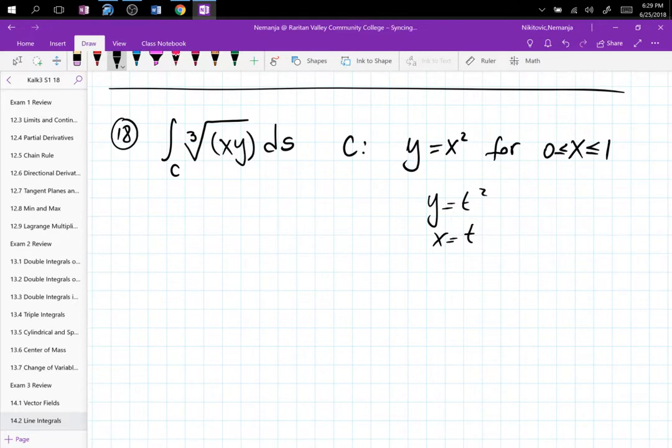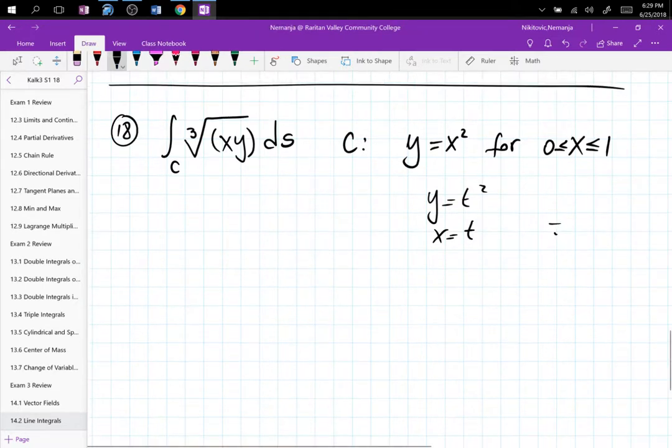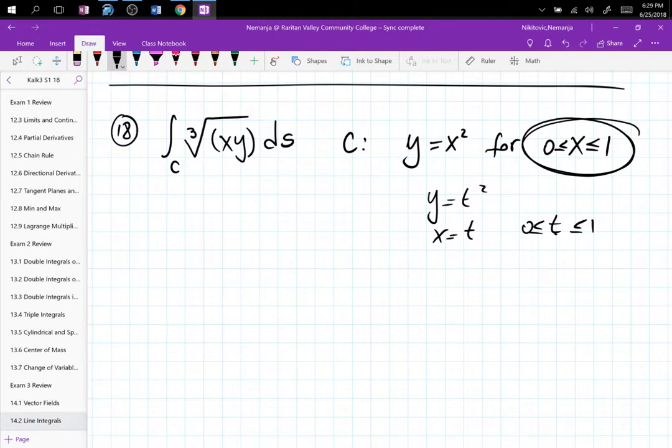And we also have that x goes from 0 to 1, but because x and t are the same in this parametrization, I have that t is also going from 0 to 1, because I need those for the limits. I said that's one of the ways to do parametrization. Where did it say 0 to 1? In the problem. Oh, it's t. t is x, very good.